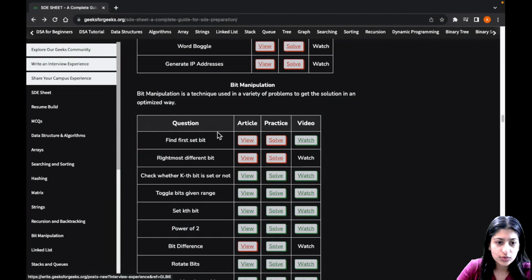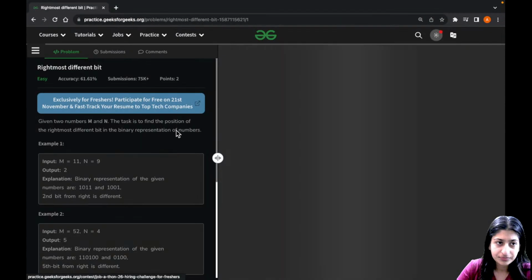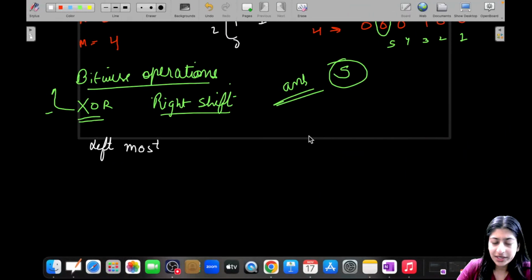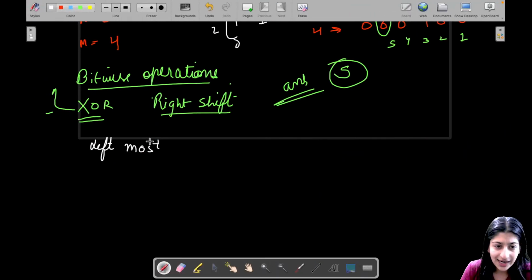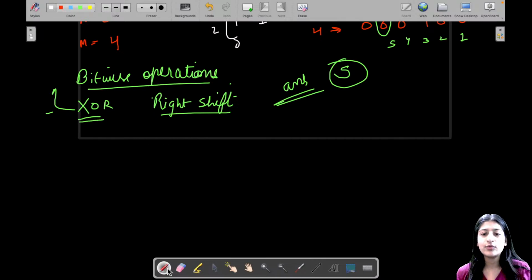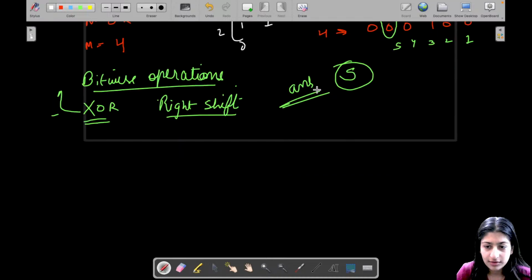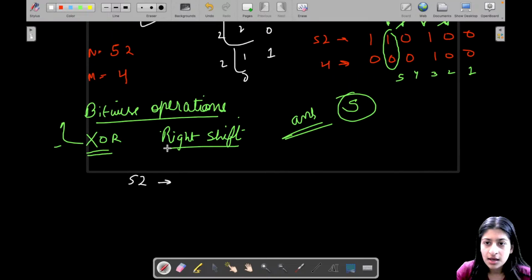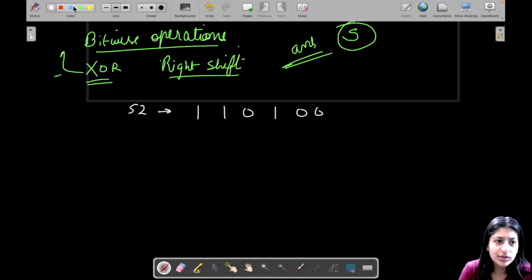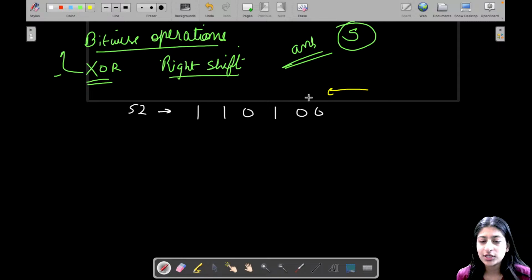Not that we are going to solve this question, we are moving back. So why did I show you? If you move from the rightmost position, what is the position at which you find 1? Let me take 52. 52's binary representation is 1110100. Correct? Now tell me, if I move from the right, which position contains 1 for the first time?